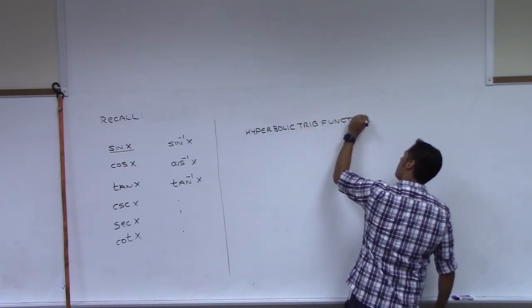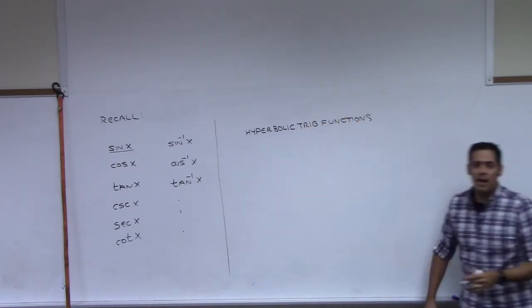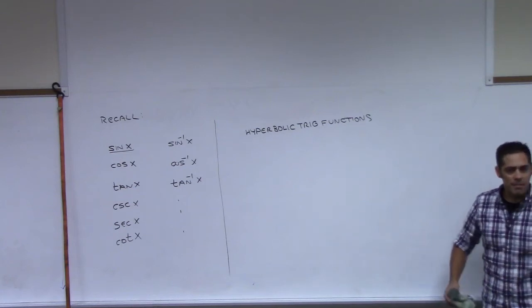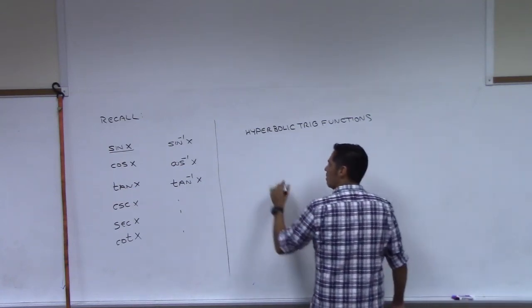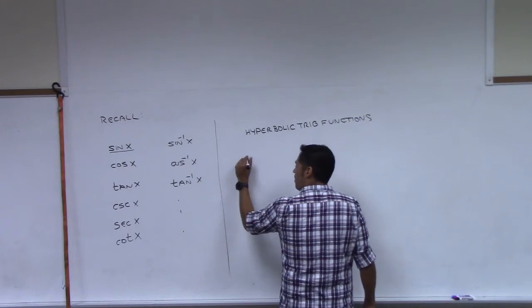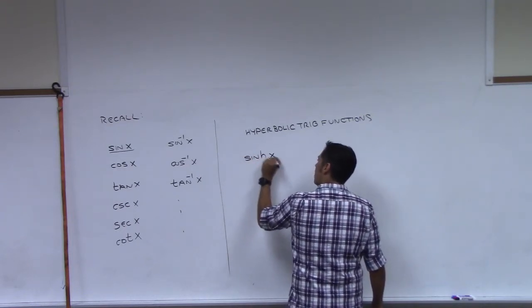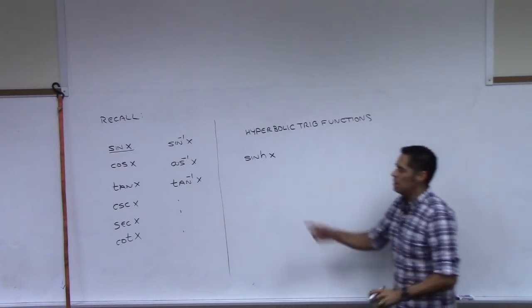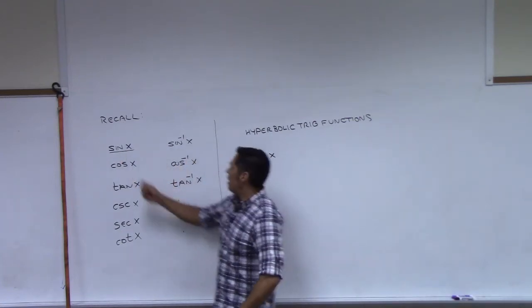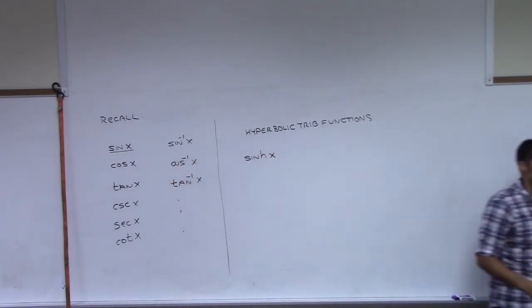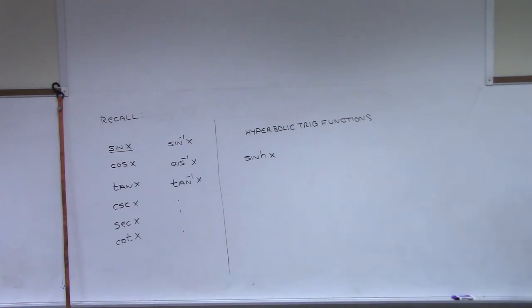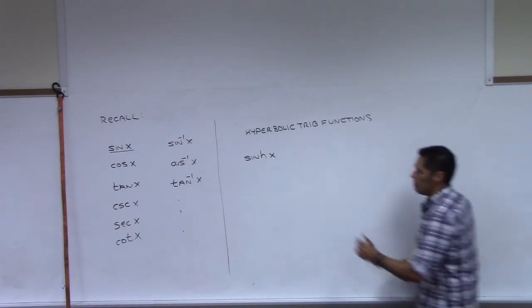And I'm going to put them up here. I'm going to list them out, and then we'll talk about what they are. All right, so we have what's called the hyperbolic sine function, and the way you write it is sine with an h and then x. So the only difference between the sine function and the hyperbolic sine function is that h right there in front of the x.